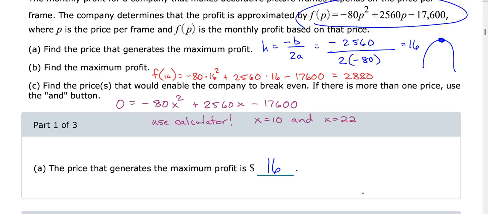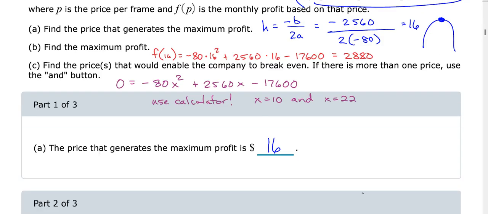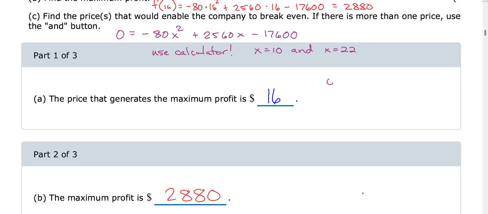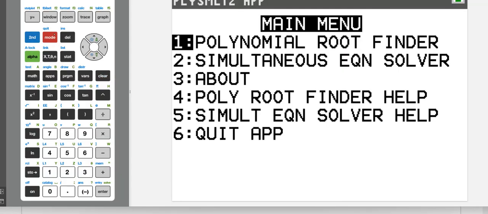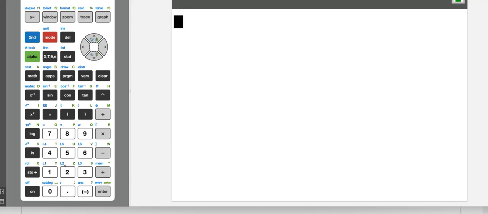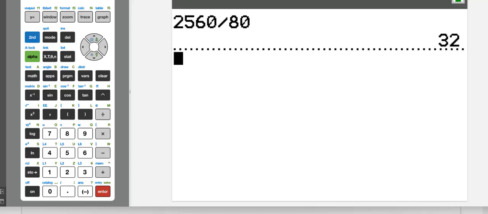Okay, if you were doing this by hand, I would factor out a negative 80. So I'd have 0 equals negative 80 times x squared minus 2560 divided by 80. 2560 over 80 gives me 32.